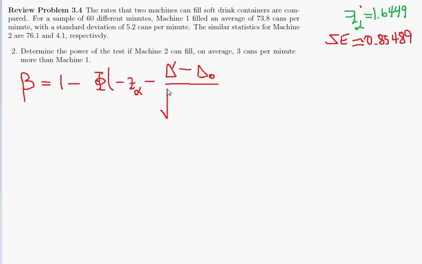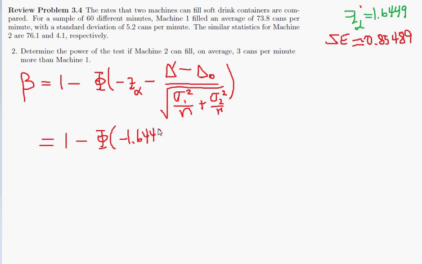And I'll just rewrite that as sigma 1 squared over n plus sigma 2 squared over n. So in our case, this is equal to 1 minus capital Phi of negative 1.6449.